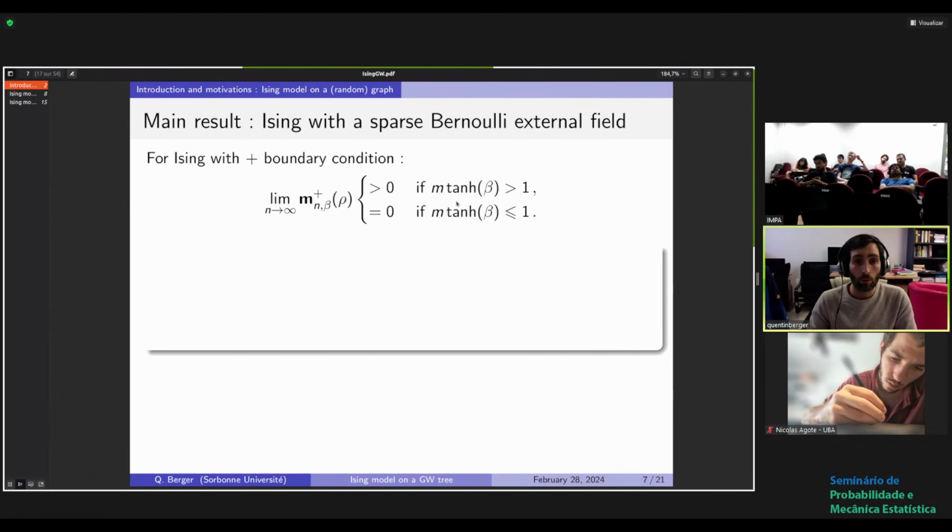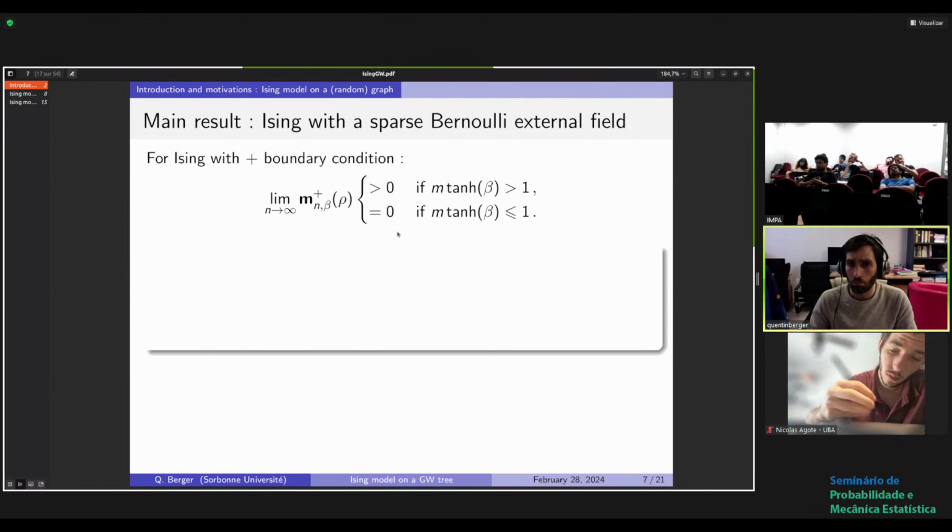The critical parameter is defined by the relation: the mean of the Galton-Watson tree times the hyperbolic tangent of beta equals 1. If this mean times tanh(beta) is strictly larger than 1, then the root remains magnetized in the limit, and if it's smaller or equal to 1, then the magnetization is 0 in the limit.